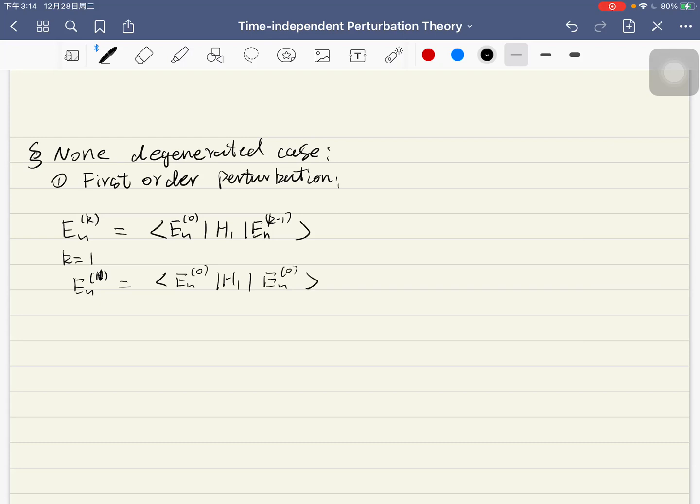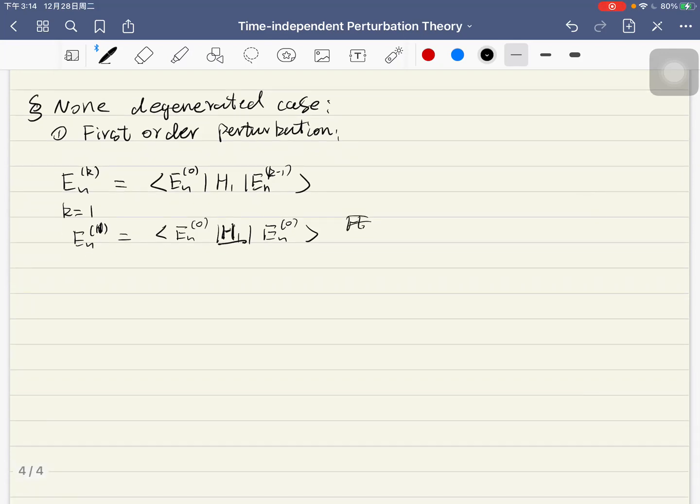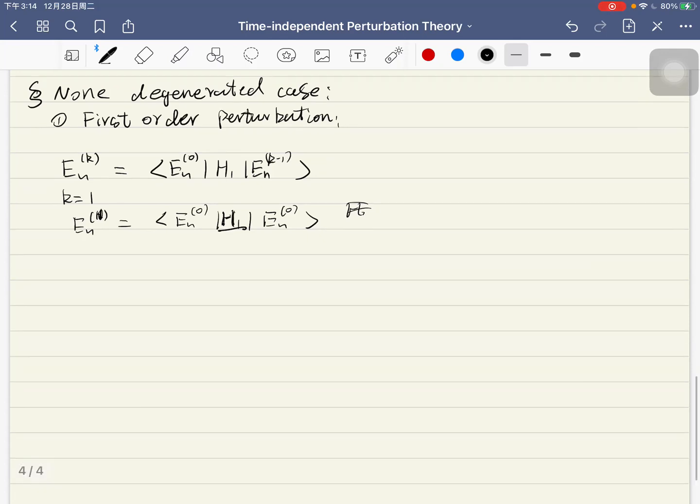This is the diagonal part of the H1 Hamiltonian in H0 representations. Here, I don't want to explain too much about the physical meanings, because these have been given in your quantum mechanics textbooks. I only want to give you the details of the calculation.